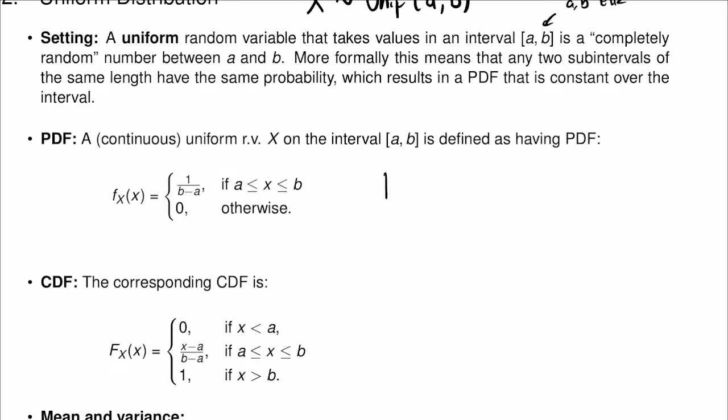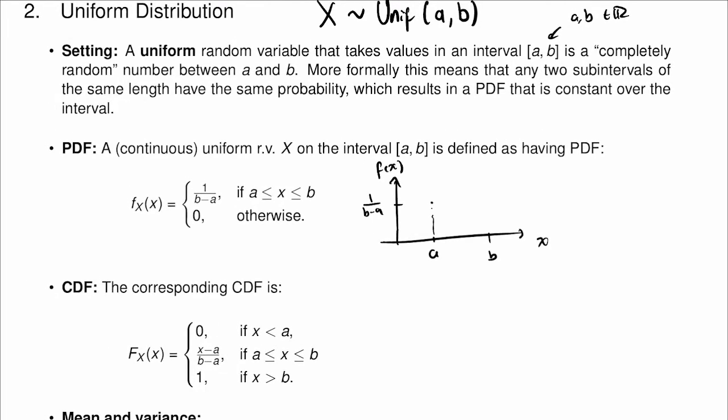So the function will look like this. We have x, we have the PDF, we have the height being 1 over b minus a, and if we have a over here and b over here, the function is going to be like this. Oh, no. So we have a over here and we have b.